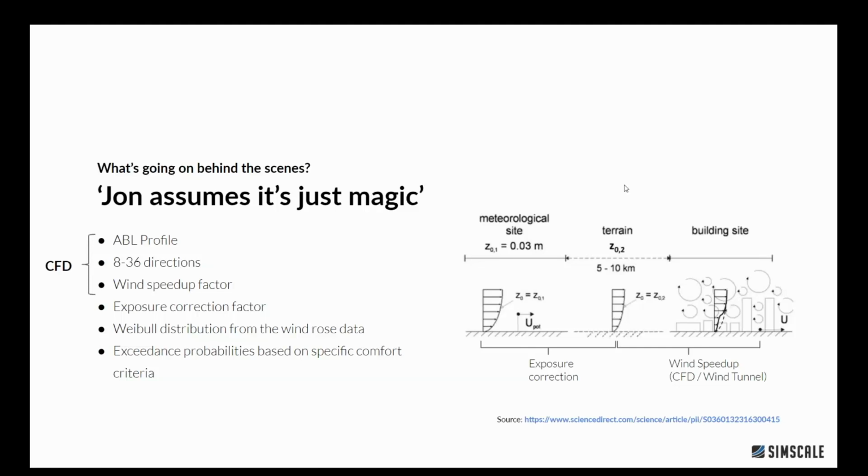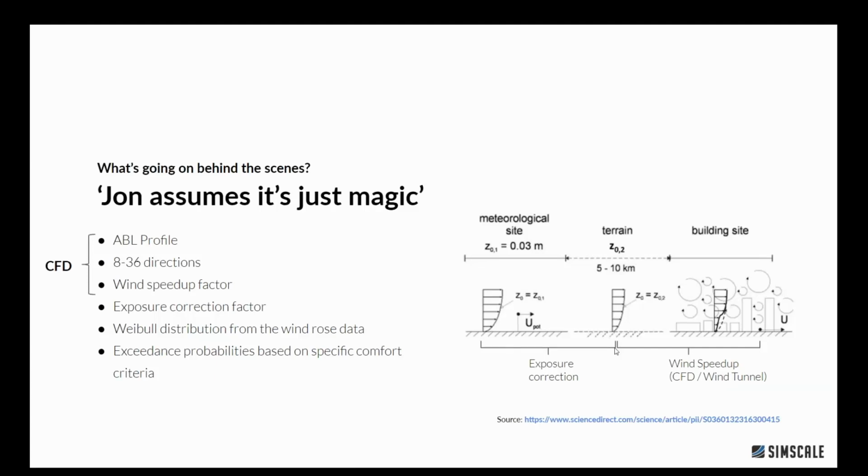The one part is basically we go from the meteorological location up to the beginning of our wind tunnel, right? And for this, the terrain might change, and to take this into account, we need to do an exposure correction.